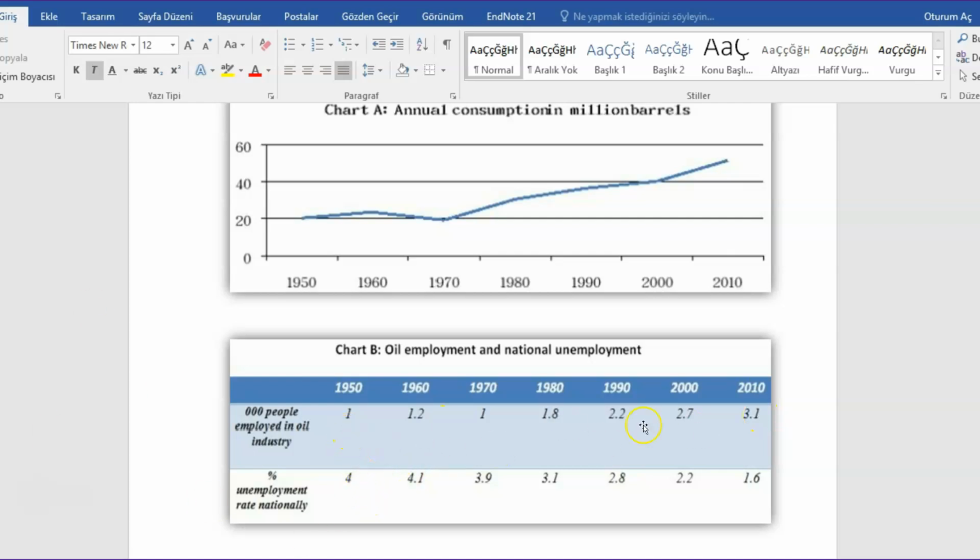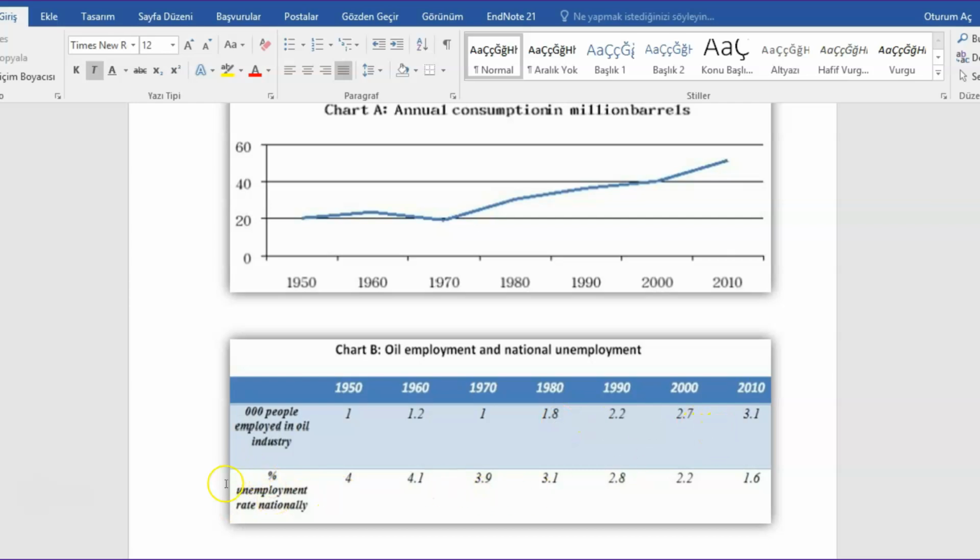From 1 to 3.1 in 2010, right? And as like the first chart, we see nearly threefold growth, right? And we can say we have not a rapid growth but consistent growth, right?